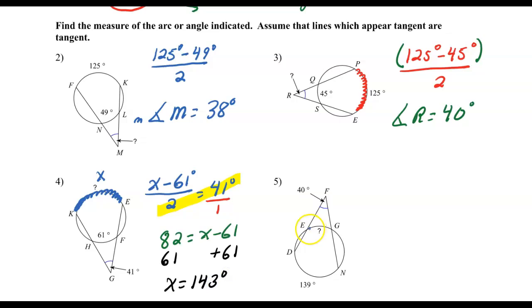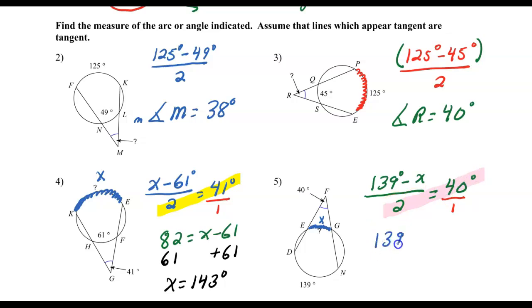In problem number 5, again, I'm going to call the little arc x. And remember, it's always big arc minus small arc. So big arc, 139 minus small arc, divided by 2 is equal to 40. We'll put that over 1 and we'll cross multiply.